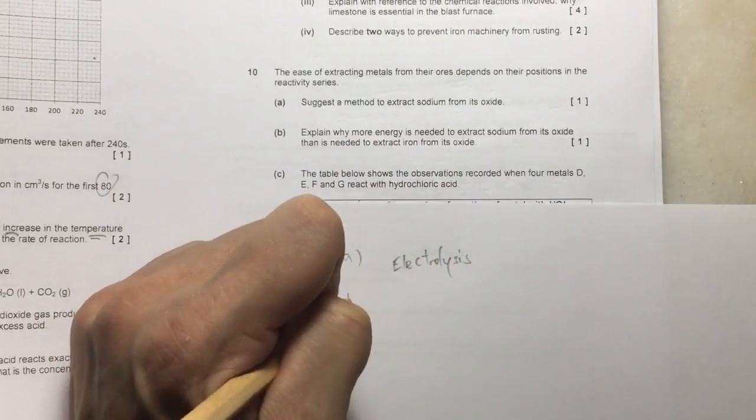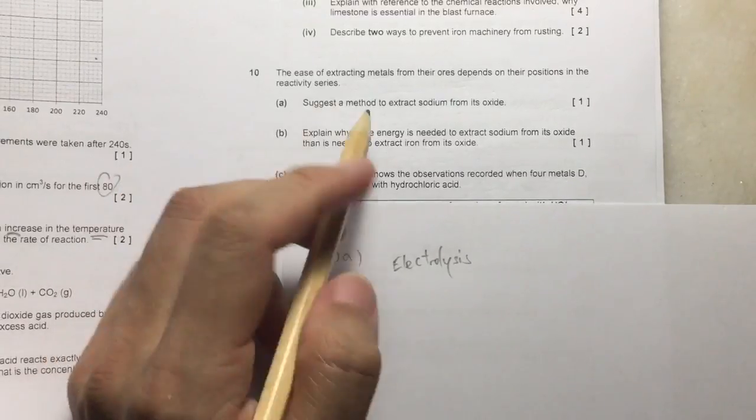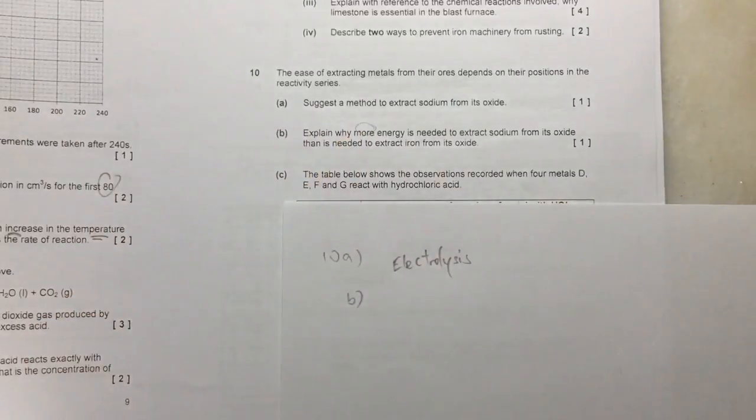Okay. Part B asks you for why you need more energy to extract sodium from its oxide than iron from its oxide. Now, we know that sodium is more reactive than iron. Okay, so then what? Because it's more reactive than iron, it forms stronger ionic bonds.